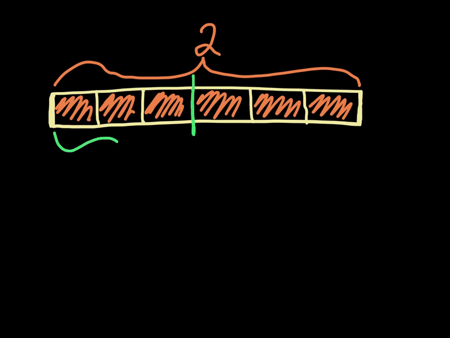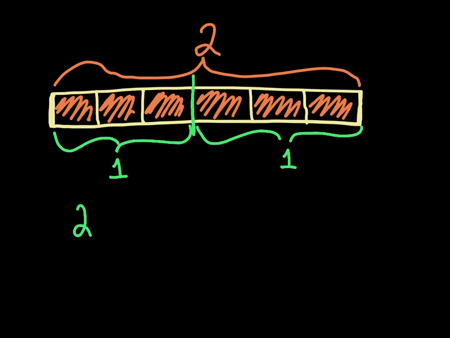This is going to be 1 whole, and this is going to be 1 whole. So how can we decompose it if we're breaking it down into thirds?